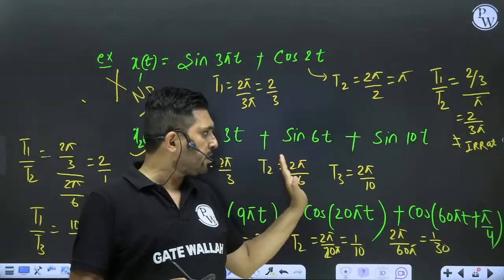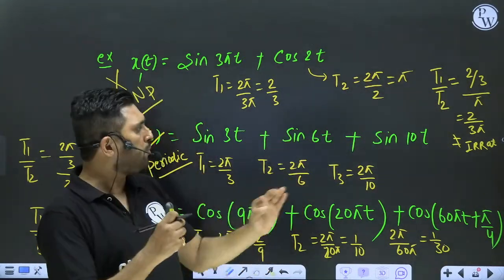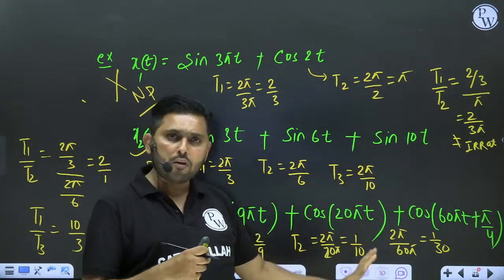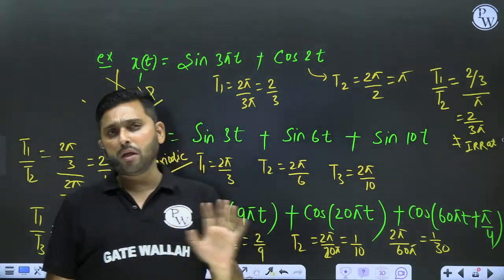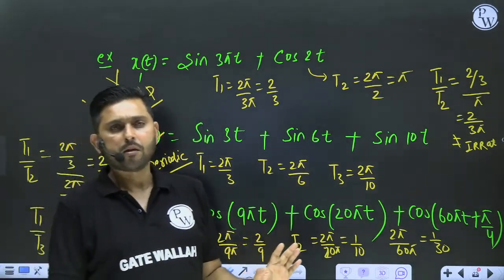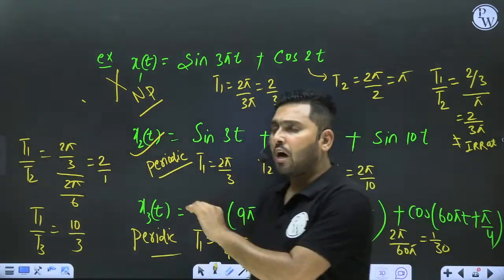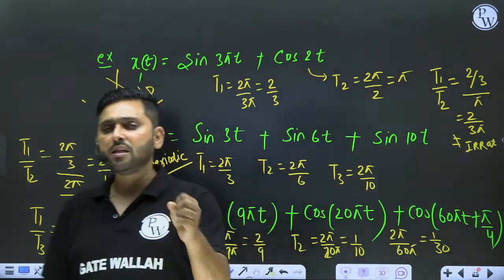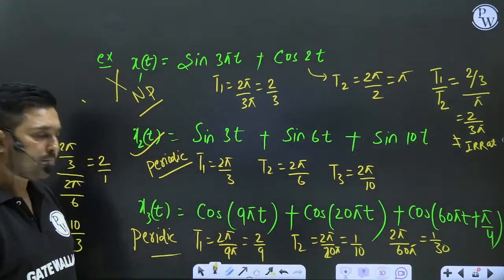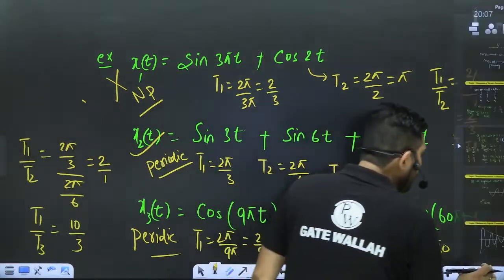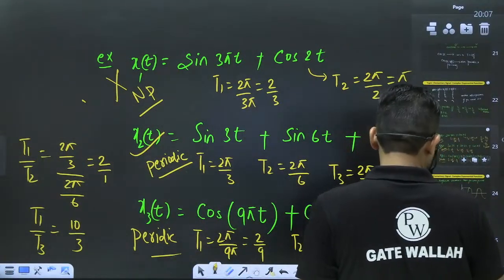But if there is a sole combination of with pi or without pi, then it comes out to be periodic because the ratios come out to be rational numbers. This is how I check whether the function is periodic or not in continuous time.